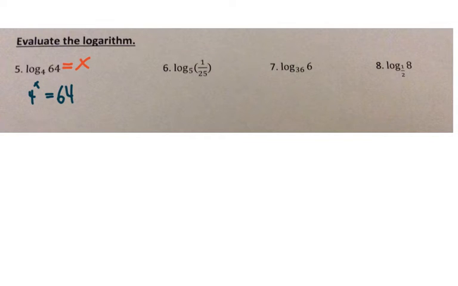Now the goal is to write 64 as 4 to some power, so that these bases are the same. Well, 64 is 4 to the third power. Then we set the exponents equal to each other, because the bases cancel out. So I'll just have x equals 3. So log base 4 of 64 equals 3.